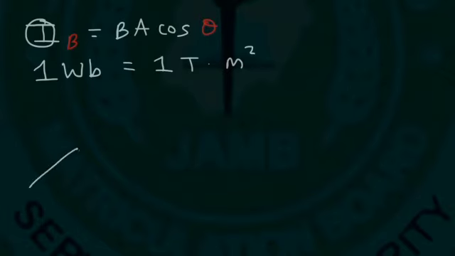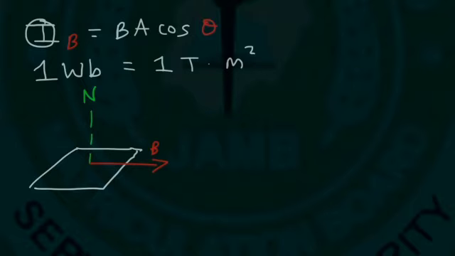So let's say if we have a surface, and let's draw the normal line to this surface, which we'll call N. And let's say if the magnetic field is perpendicular to the normal line, which means it's parallel to the plane of the surface, or to the face of the coil.